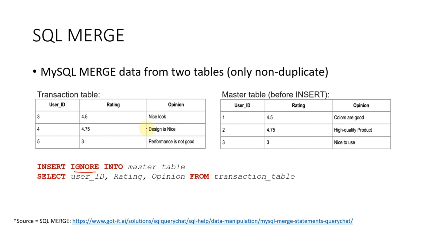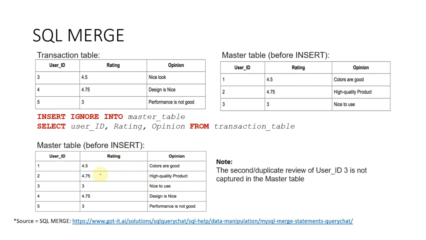So here we have two tables, transaction table and master table. In master table we have 1 2 3, and in transaction we have 3 4 5. So this 3 is actually repeated, duplicated. With the help of this ignore, this 3 will be ignored the second time. Once we execute this query, we will get a result like this. Now the 3 is not repeating here.